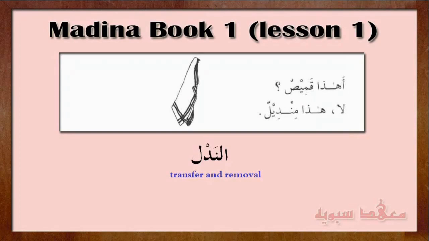So it's the main action that the root comes from. And mindil actually is the object used to transfer and remove. And obviously what we're transferring and removing is filth. So that completes lesson 1.